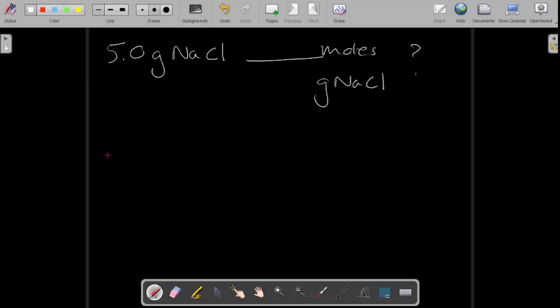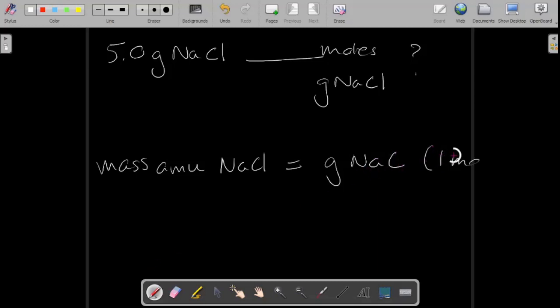So if I find the mass in AMUs for sodium chloride, I'll know the number of grams for that sodium chloride, for 1 mole. That's my reasoning. So I need to find first, this is what I need to find, the molecular mass in AMUs for sodium chloride.